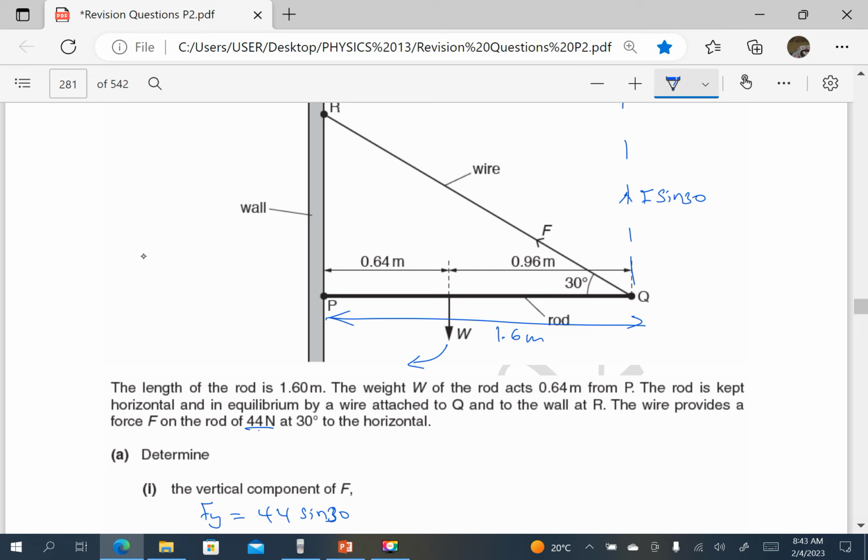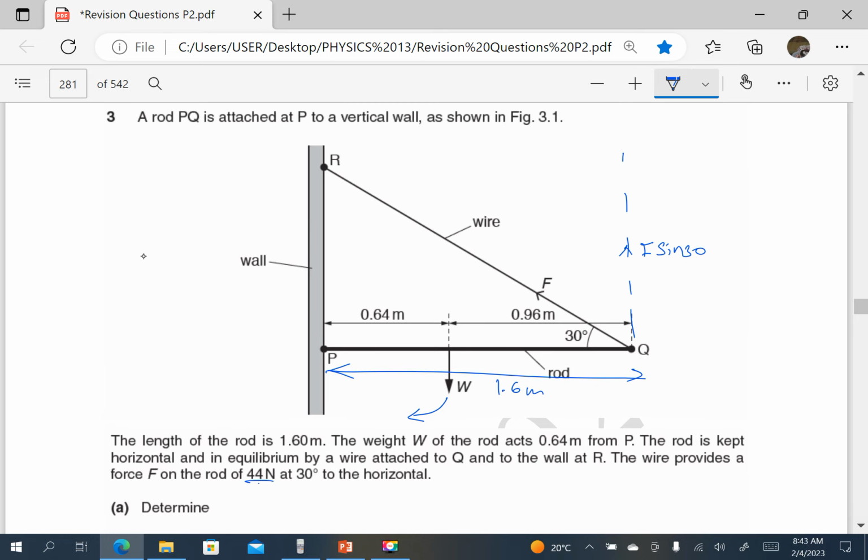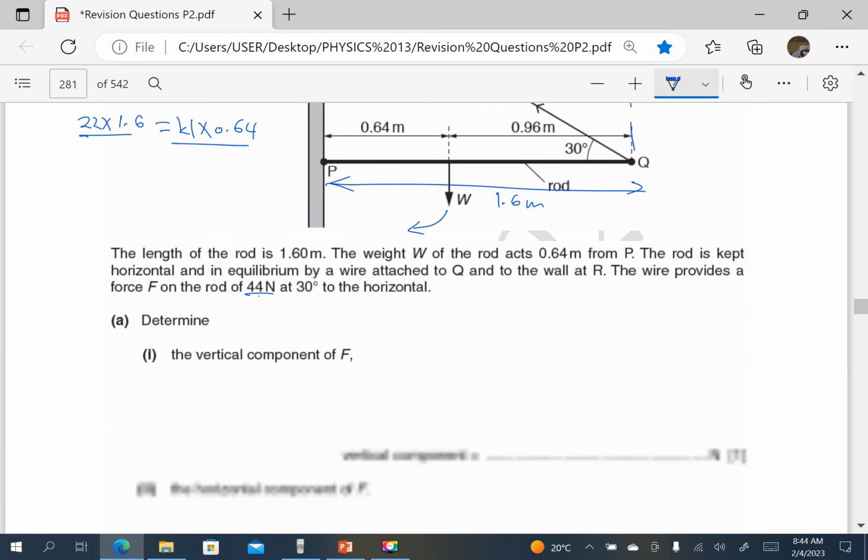W causes clockwise moments, but the vertical component of F causes anti-clockwise moments. So we shall simply say the vertical component, which is F sine 30, that is 22, times the perpendicular distance, which is 1.6, should be equal to W times the perpendicular distance, which is 0.64. This is anti-clockwise, that is clockwise.